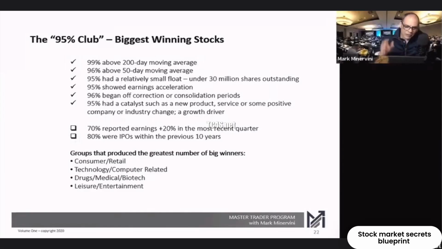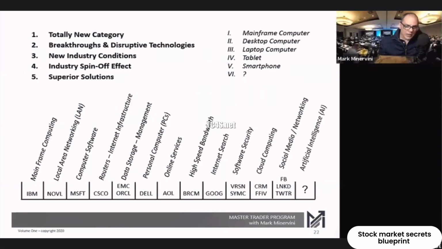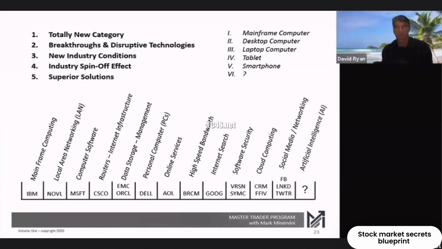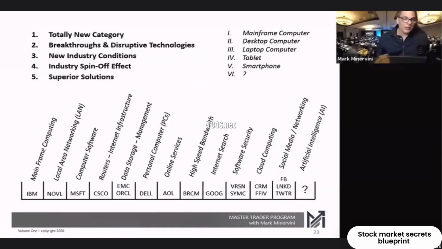And of course, as technology changes, you'll see some changes here. But I put this together, and I do this each year, just to make a point. It may not be exactly the way things progressed here, but it's really just to make a point. And this is what we call the spin-off effect, or sometimes it's been referred to as the cousin effect.